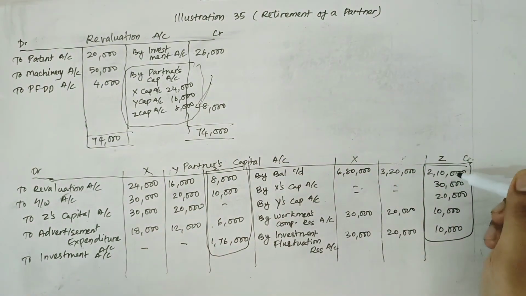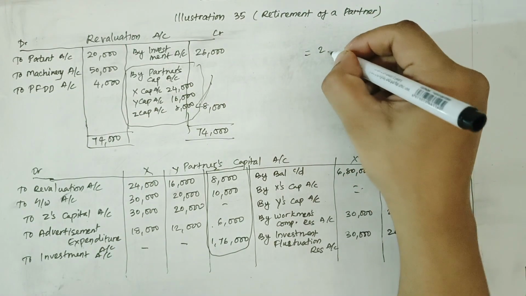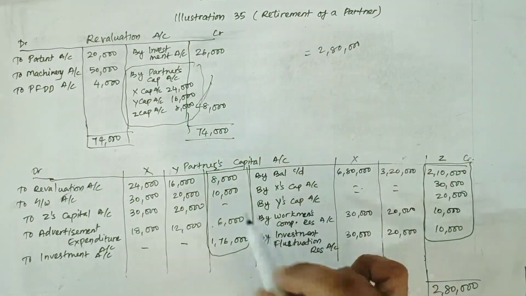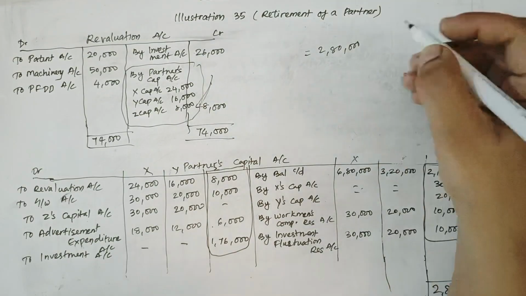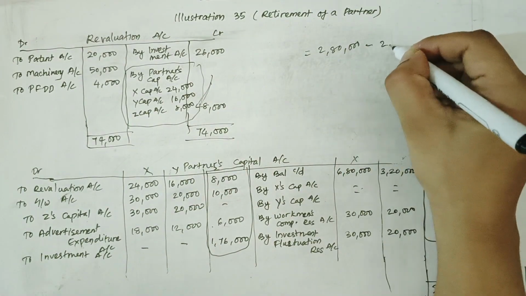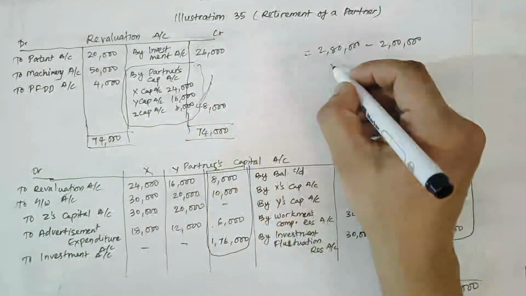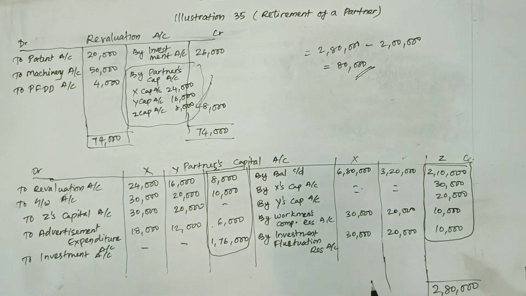When we add 2,10,000, 30,000, 20,000, 10,000 and 10,000, we will get 2,80,000. And from 2,80,000, we have to subtract 8,000, 10,000, 6,000 and 1,76,000. The total will be 2 lakh. So the difference is 80,000. 80,000 is the amount due to Z.